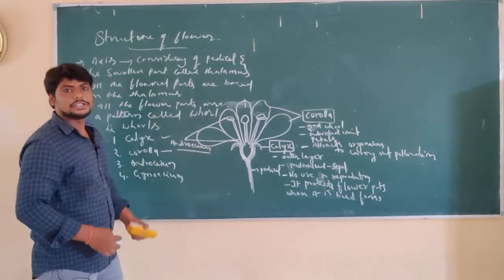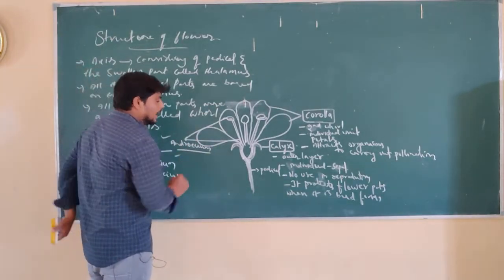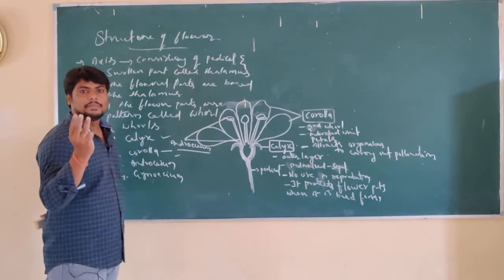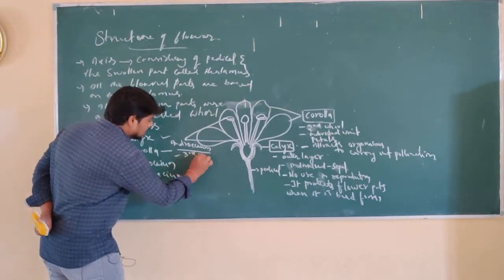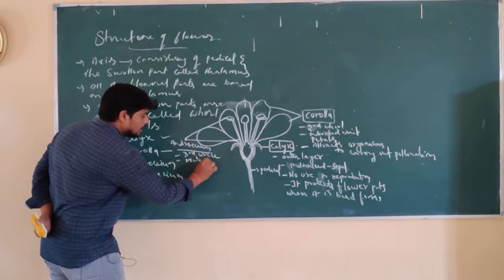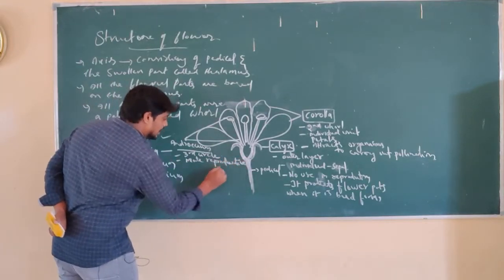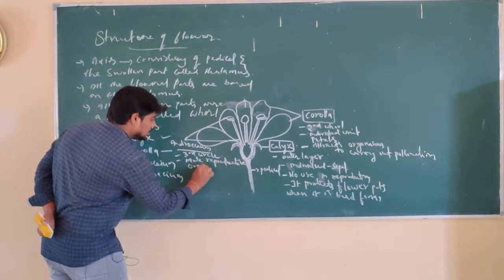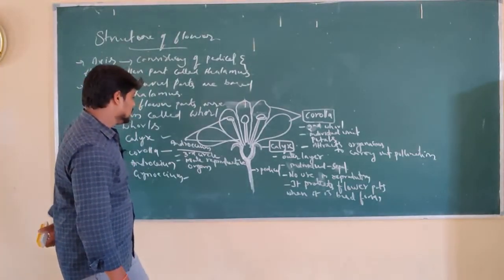As we know, androecium is called a male reproductive organ, right, and it is the third whorl or third pattern or third circle. This is the third circle, and it is called a male reproductive organ.